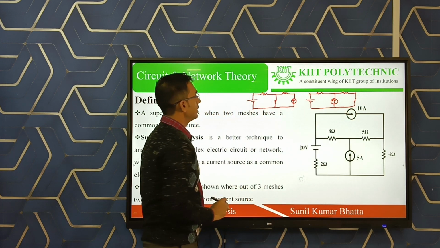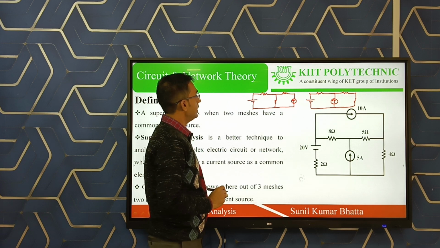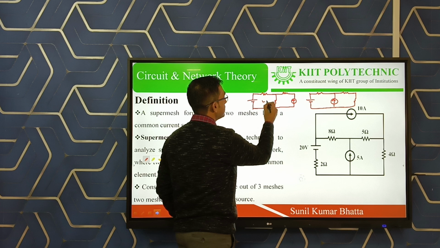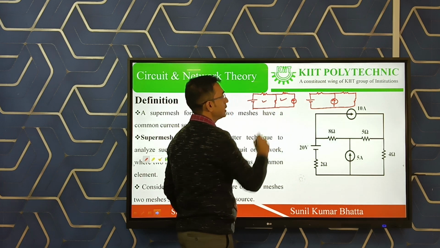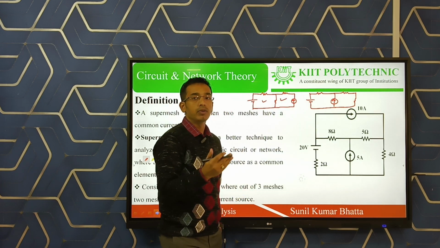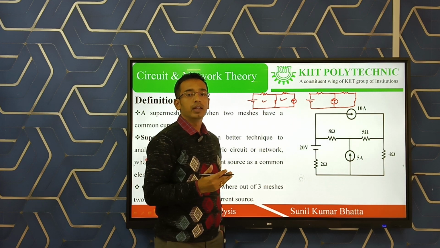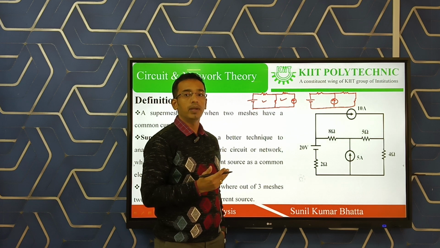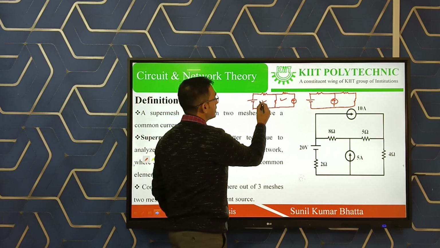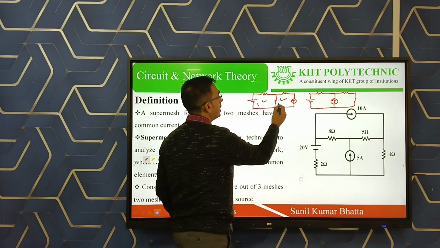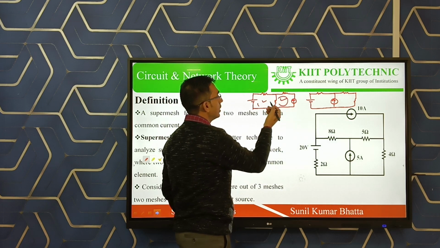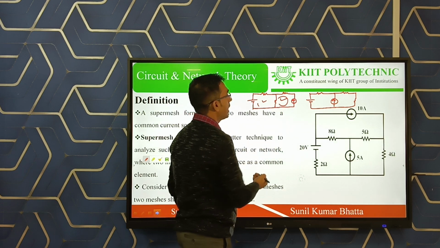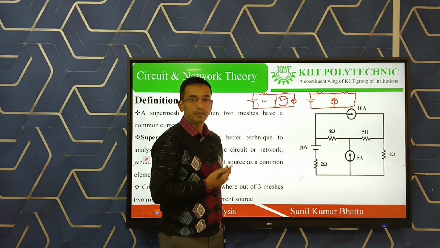In the first circuit, here it is a mesh and here is another mesh. So two meshes are present, and in mesh analysis problems we apply KVL, Kirchhoff's voltage law, to solve the problem. In the first mesh you can apply KVL, and in the second mesh you can directly write down the current value, because the current source is connected in a branch here, so we can solve directly.